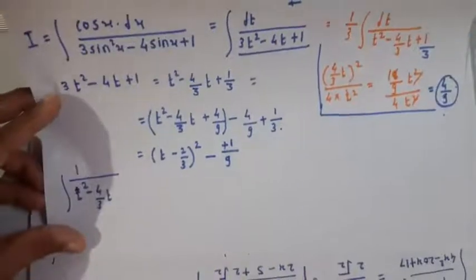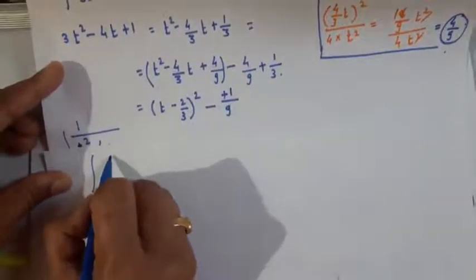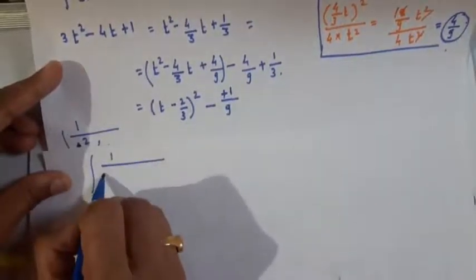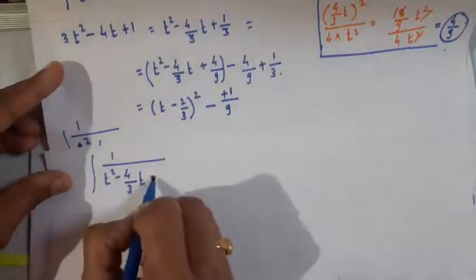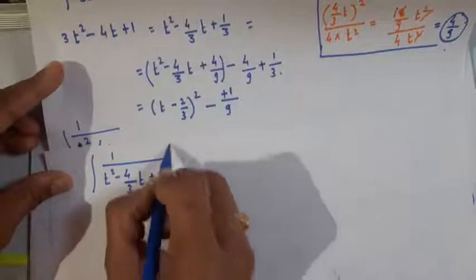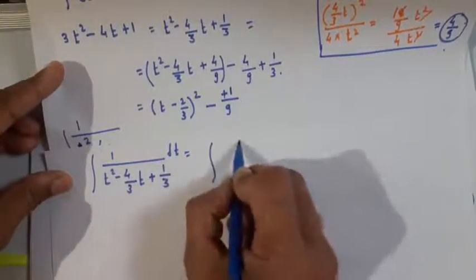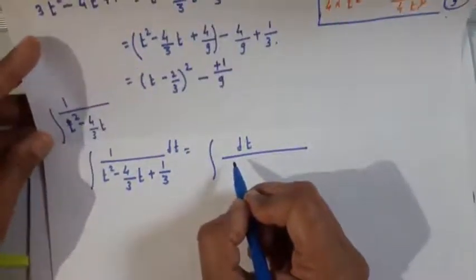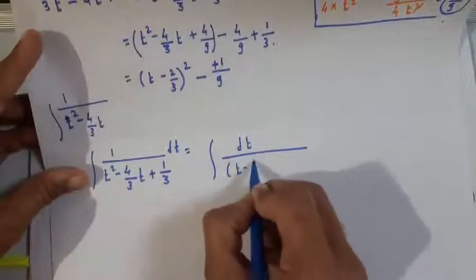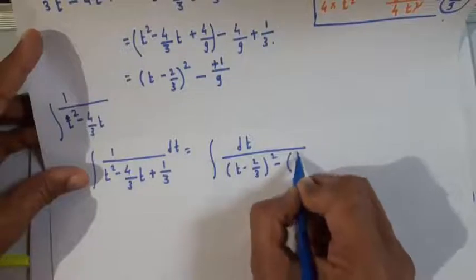Now students, we will write here. Okay, the term is integration of 1 upon (t² − 4/3 t + 1/3) with respect to t, that is equal to integration of (t − 2/3)² − 1/9.